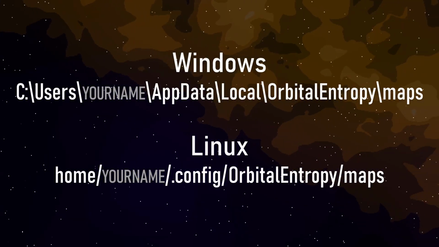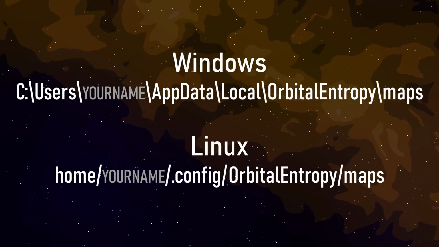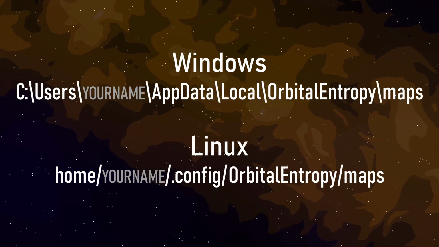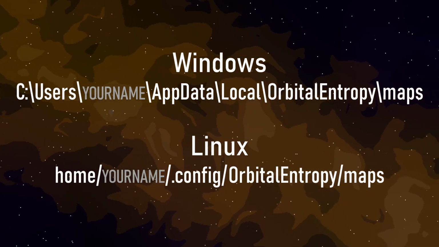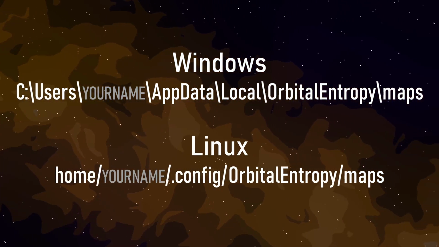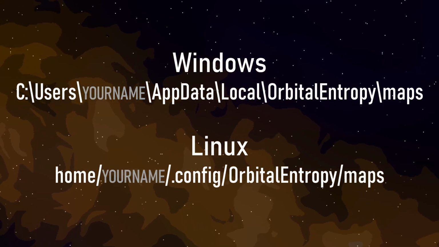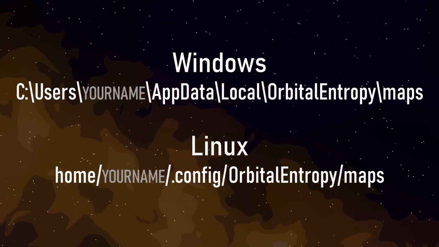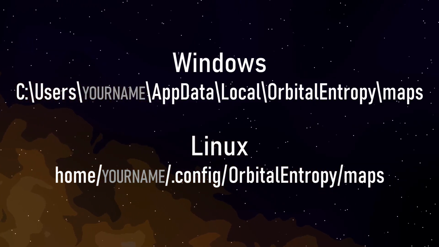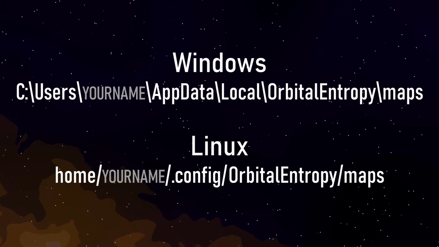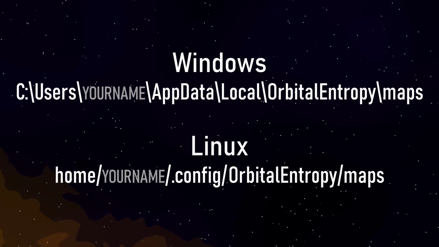It is important to know where the game directory is in order to import maps and find your saved maps. On Windows, maps will be saved in your drive, typically assigned the letter C. So it would be C, users, your name, app data, local, orbital entropy, and maps. And on Linux, these will be stored in your home directory.